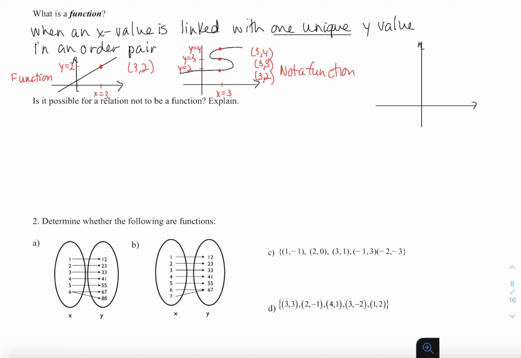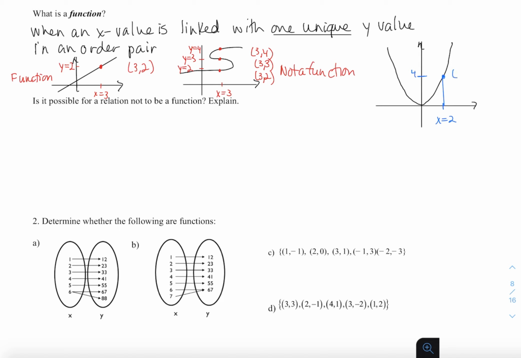If I draw this guy, a parabola, and let's say I look at this point right here. So I've got x equals 2, and let's say that this y value is 4.